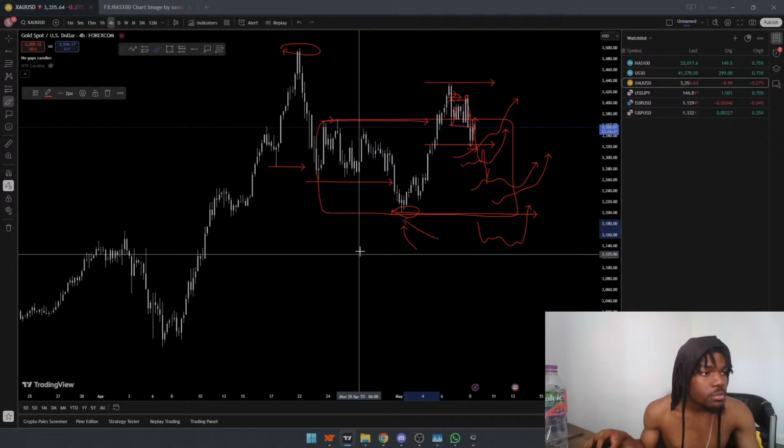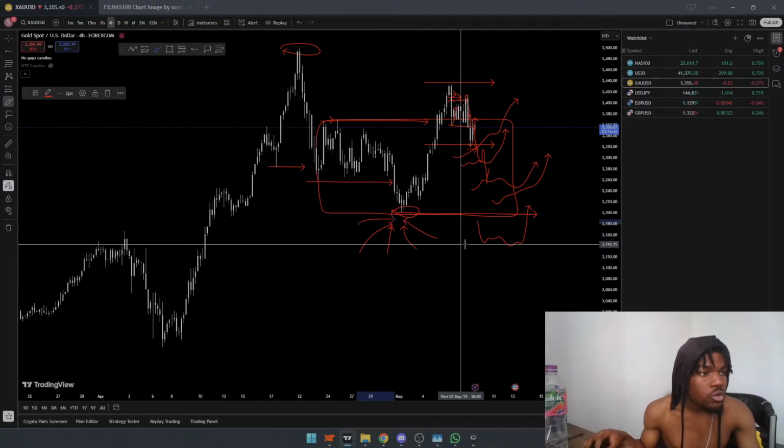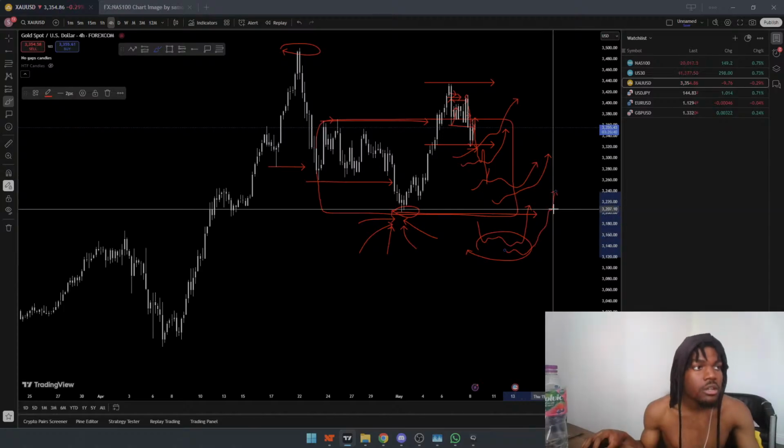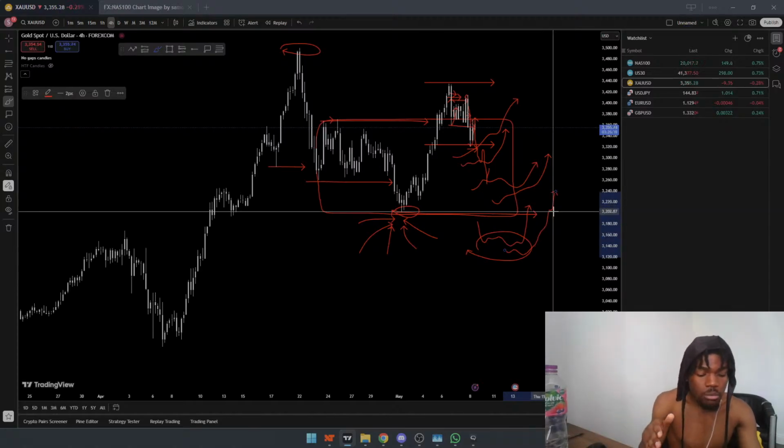And if you just manage your expectations that way, you will be able to actually gain more consistency because you're engaging in a move that's more consistent than continuations, which is what? Pullbacks. And the way that pullbacks are delivered are way more impulsive and just straight to your target rather than continuations.